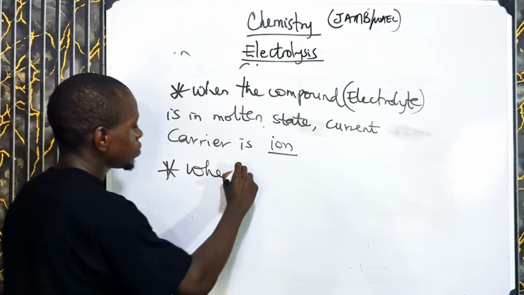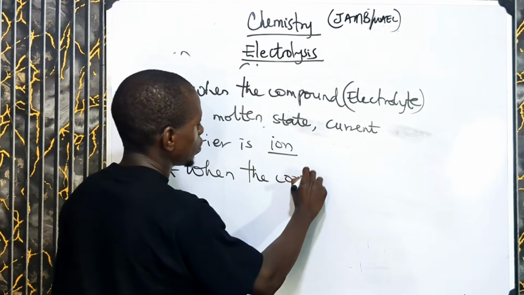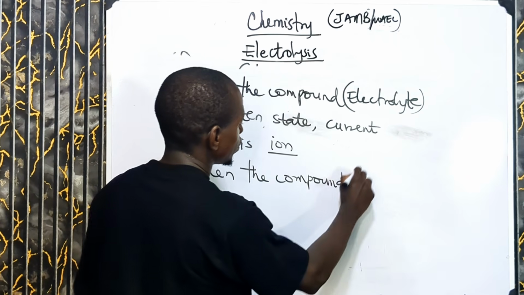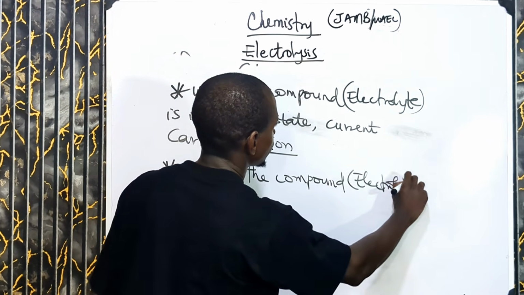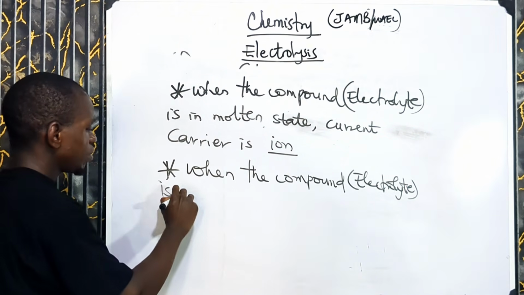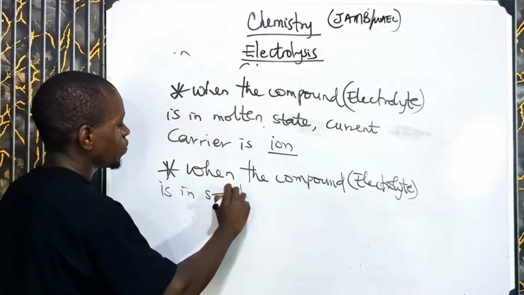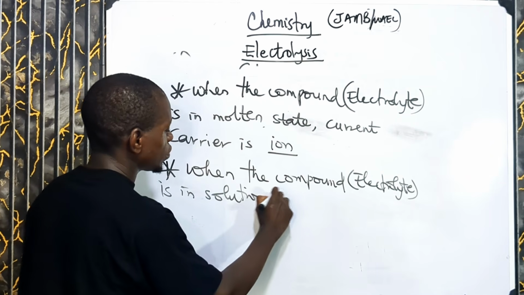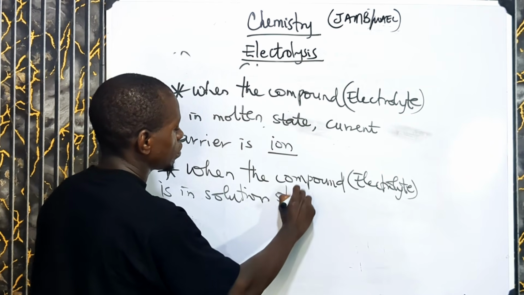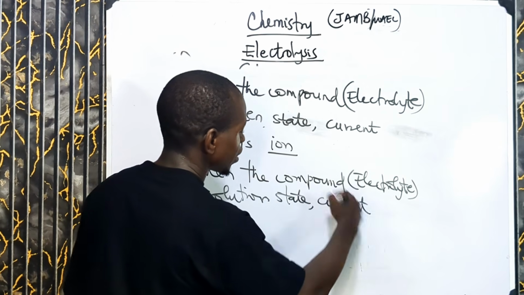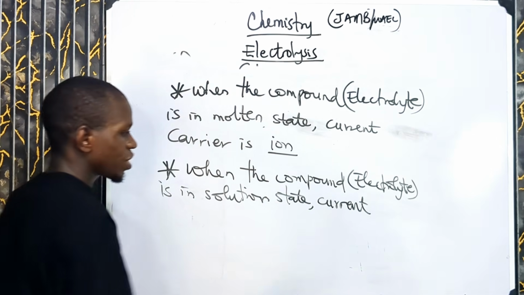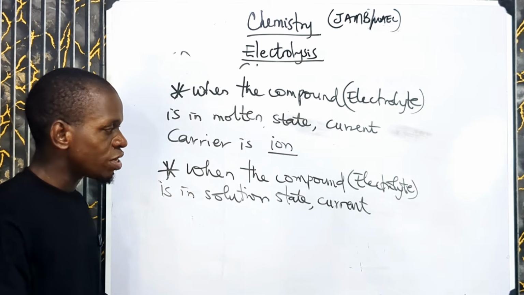When the compound, which is the same electrolyte we're talking about, is in solution form, in solution state, the current carrier is the only thing that will make current flow in that electrolyte. That's what I mean by current carrier, flow of charge.